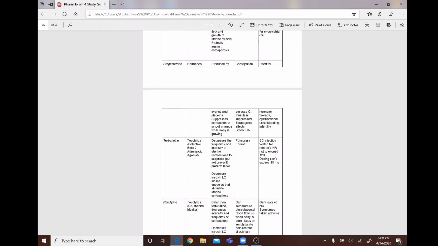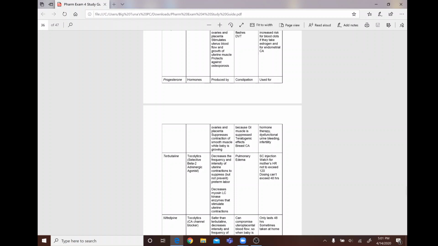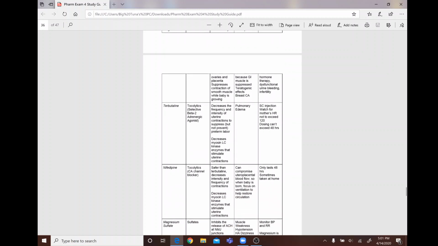What are the side and adverse effects of progesterone? Constipation, teratogenic effects, breast cancer. What is progesterone used for? Hormone therapy, dysfunctional uterine bleeding, and infertility.